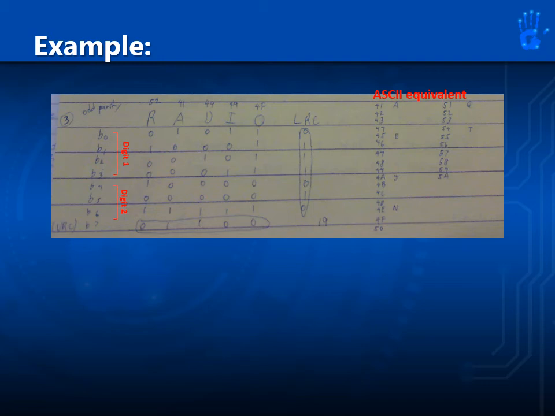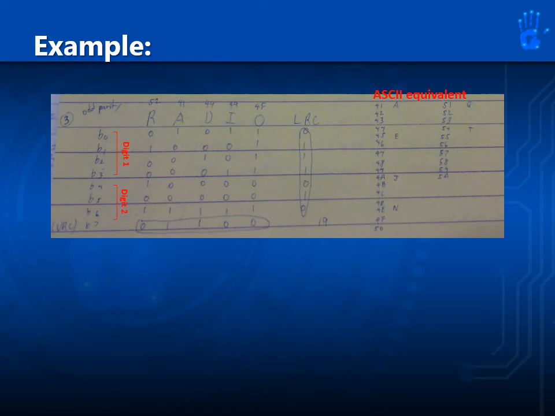So what will be generated is the LRC 0111010 and VRC 01100. This is our LRC and VRC codes. Some textbooks may write it differently. Some may write the word radio vertically.